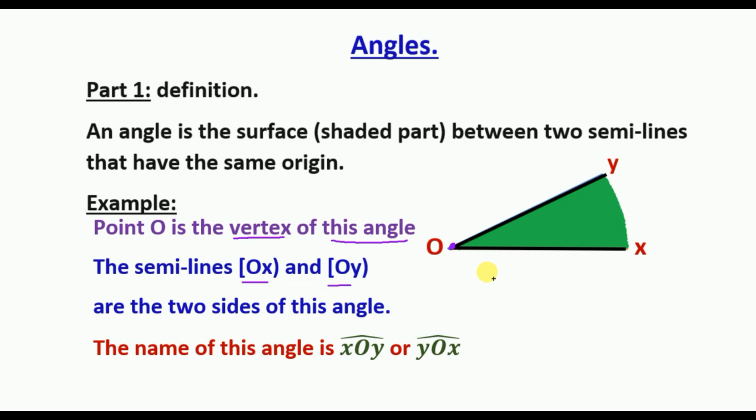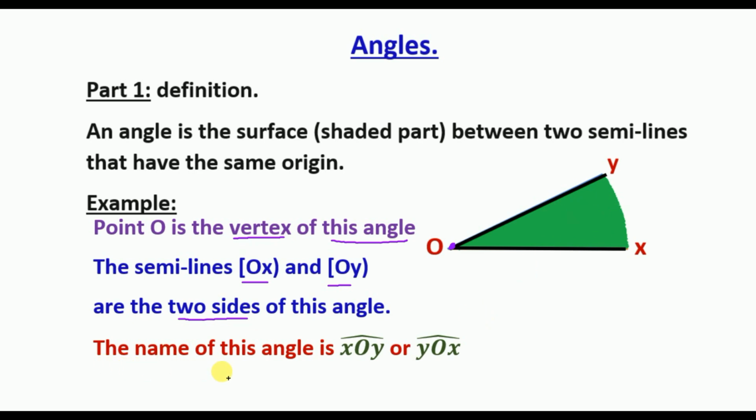So semilines OX and OY represent the two sides of this angle. So an angle has two sides and one vertex. And the surface between these two sides is in fact the angle.